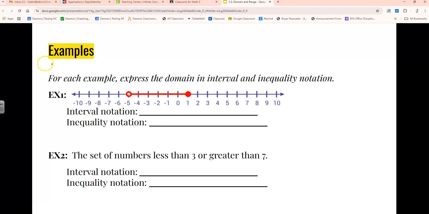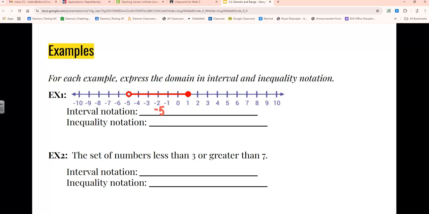So let's look at some examples, and we're going to look on the number line. So if I've got example 1, this highlighted portion of this number line begins at -5, it ends at 1. So if I'm using interval notation, I'm going to put my lowest number first. In this case, Richard, do I need a parentheses or a bracket with that -5?